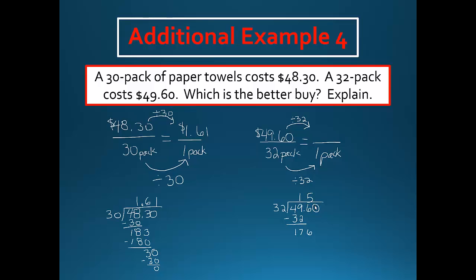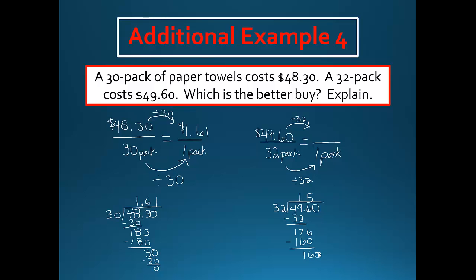And 5 times 32. 5 times 2 would be 10. And then we'd carry 1. 5 times 3 is 15, plus the 1 is 16, so 160. And now I'm going to subtract. And I get 16. I bring down my 0, so now I have 160 again.